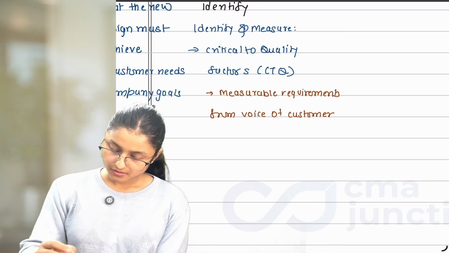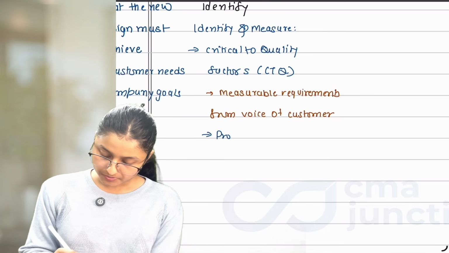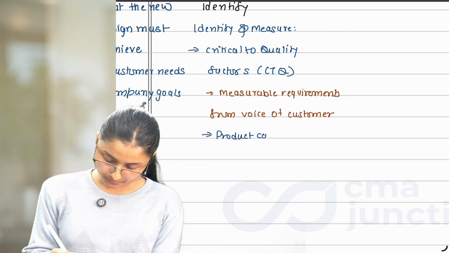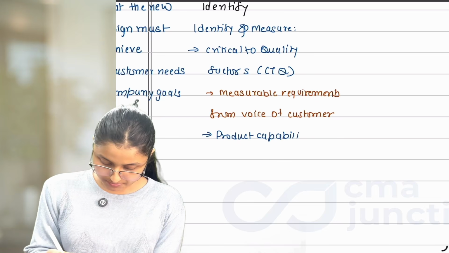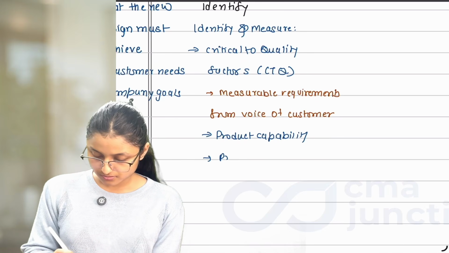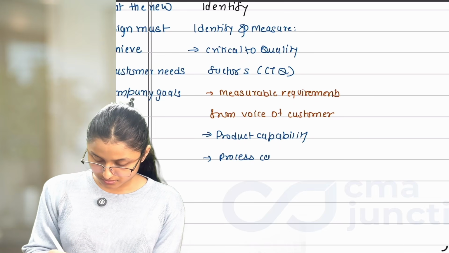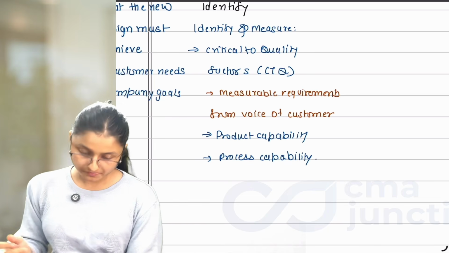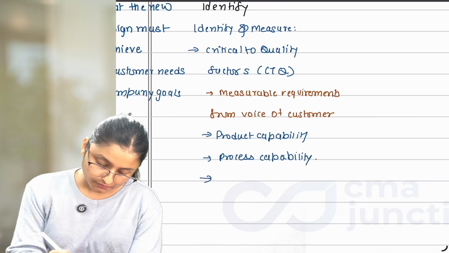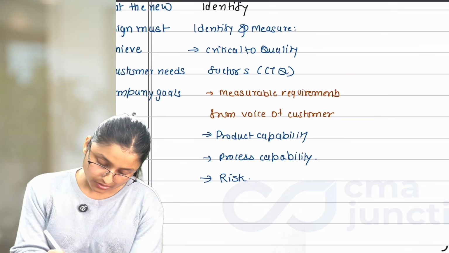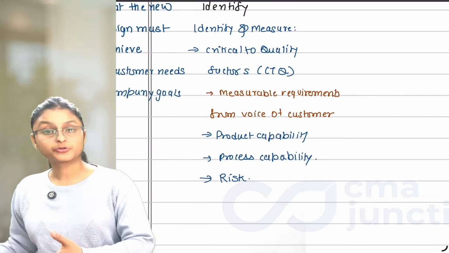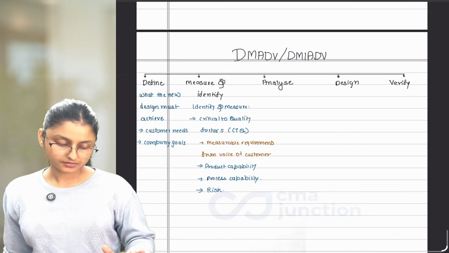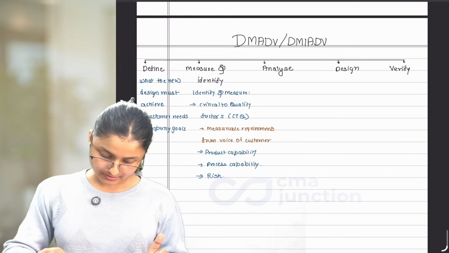Next, we want to achieve product capability, process capability. We'll measure that and we'll measure the risk in the particular new process which we are creating. Done. Next, analyze.